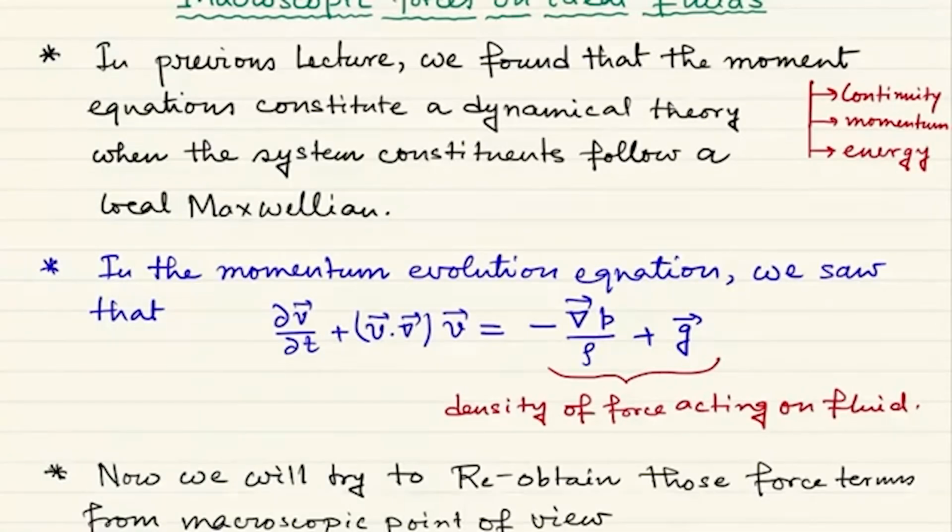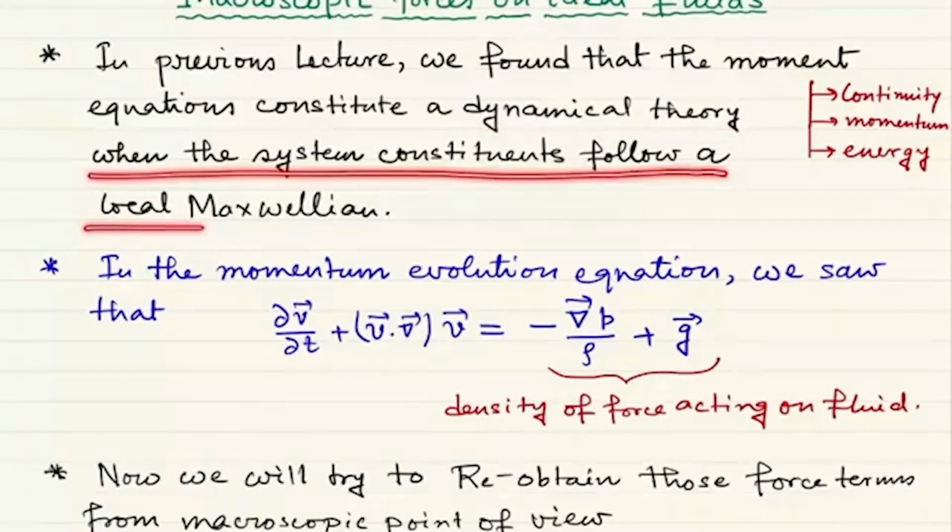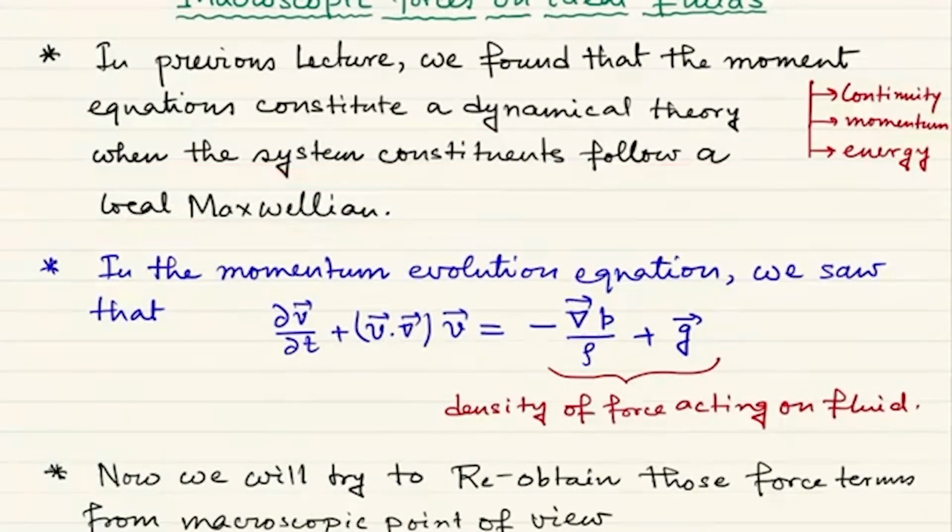They constitute a dynamical theory finally when the system constituents follow a local Maxwellian distribution, that we saw in the previous part.